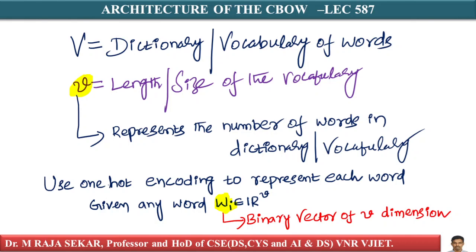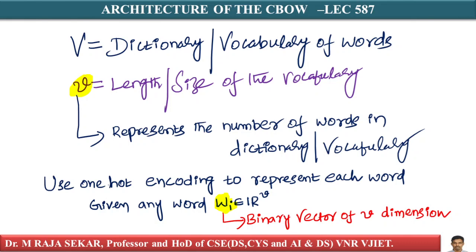I request you to go through my previous lecture where I explained this one hot encoding binary representation of words. Because I have a total of v words in my vocabulary, your wi belongs to R power v. So given any word in the vocabulary, I can always represent it as a v dimensional, not real valued vector but binary vector.